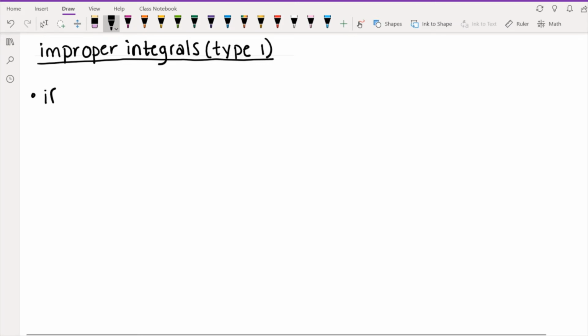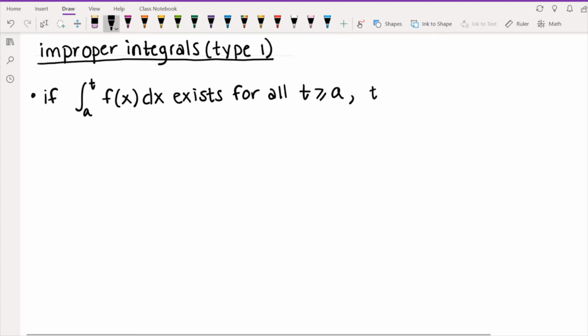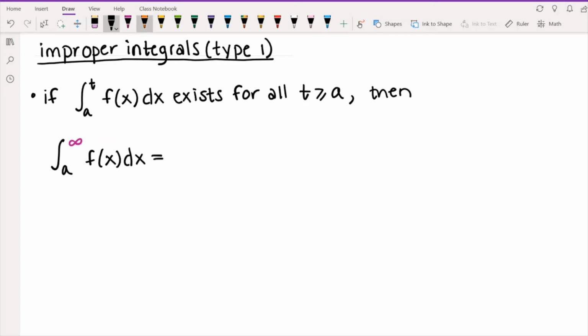Okay, so the first statement I'm going to write down is kind of a technicality. I wouldn't worry too much about it, but I have to write it down as part of the definition. If the integral from a to t of f of x dx exists for all t greater than or equal to a, then, and this next part is the important part, the integral from a to infinity of f of x dx is equal to, as we saw, the limit as t approaches infinity of the integral from a to t of f of x dx.